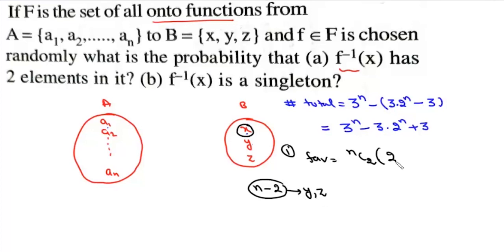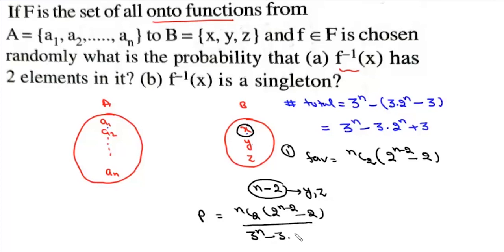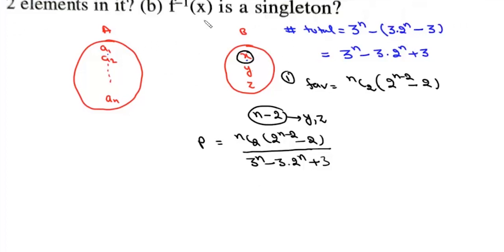So the total number of functions is 2 to the power n minus 2, minus 2 cases when all of them are mapped either to y or to z. So the required probability will be nC2 times 2 to the power of n minus 2 minus 2, divided by 3 to the power n minus 3 into 2 to the power n plus 3.